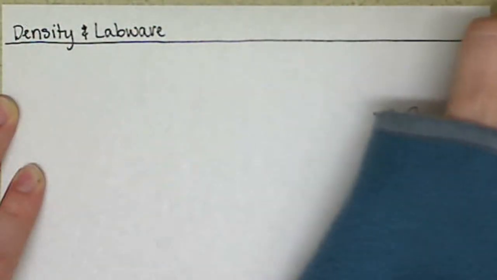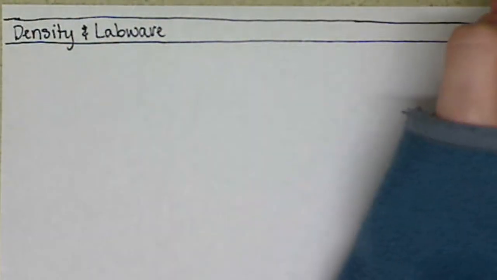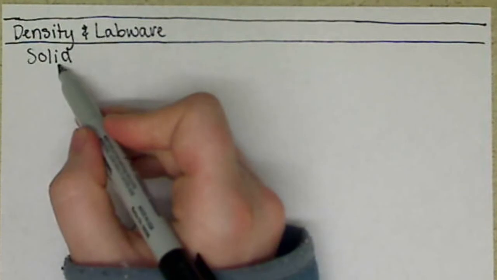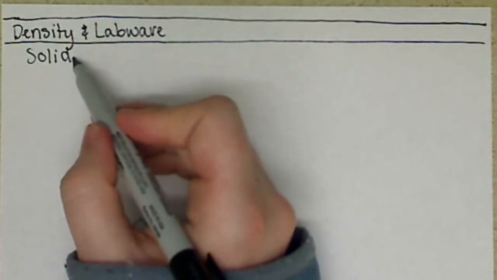I say labware instead of glassware because I'm going to introduce some other things besides glassware. So when we look at density, we're going to separate how we determine density of a solid versus a liquid. So let's start with solid objects.